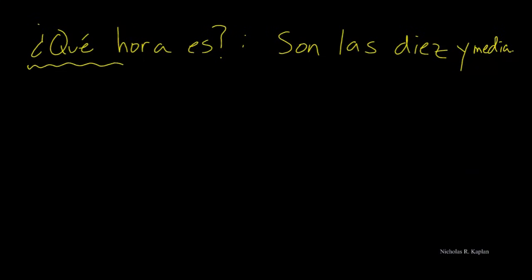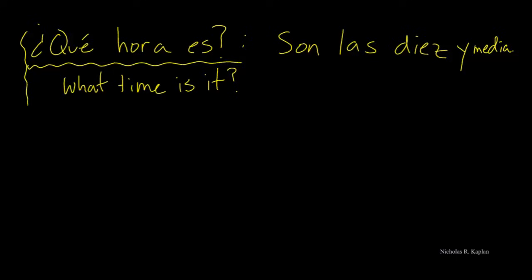We've looked at our first question, ¿Qué hora es?, which means what time is it? But the second question, and probably the question that's a little bit more helpful, is at what time?